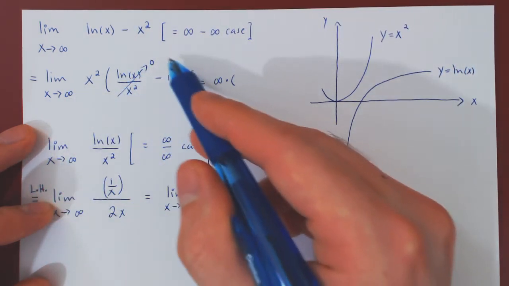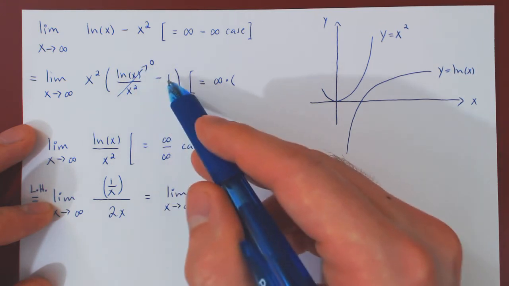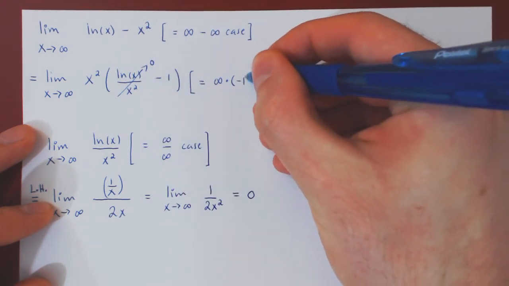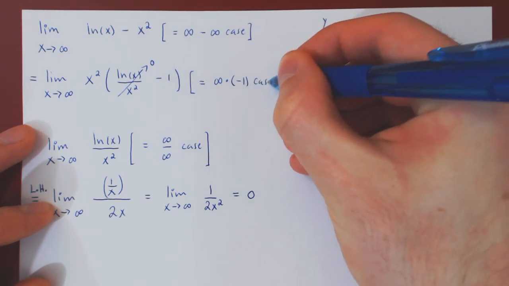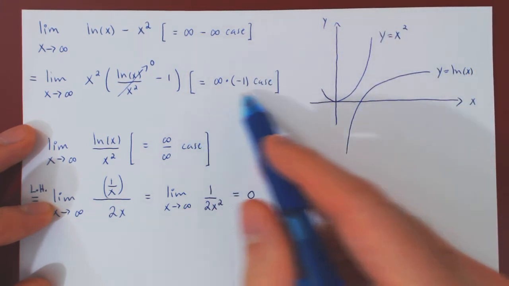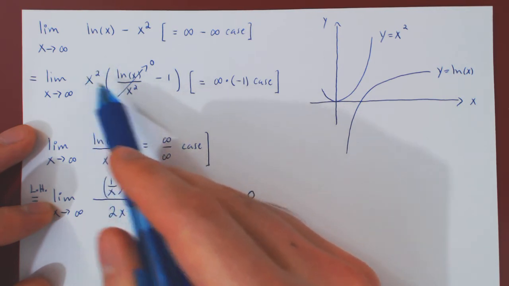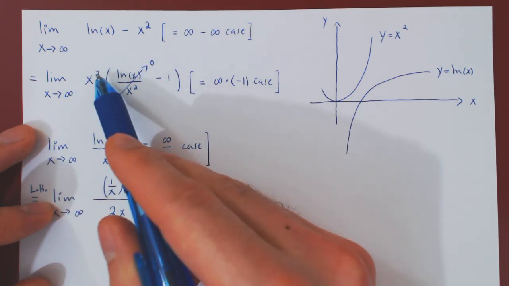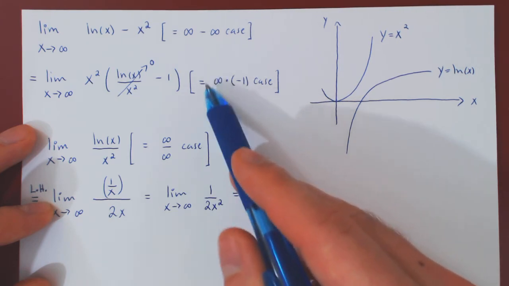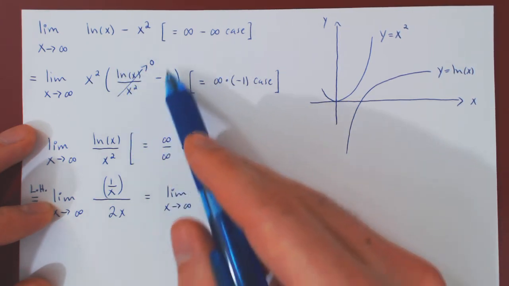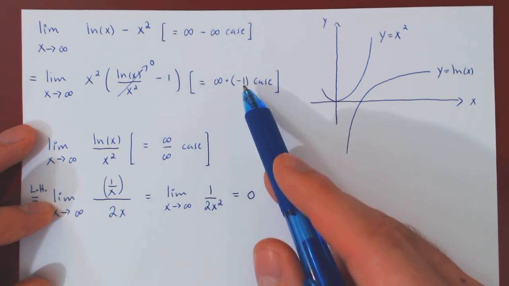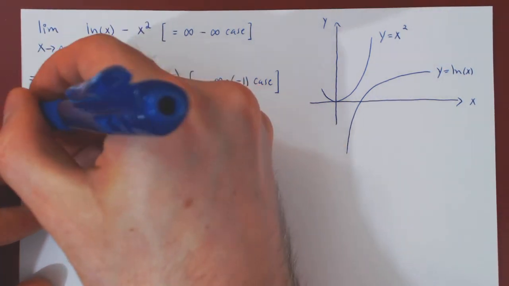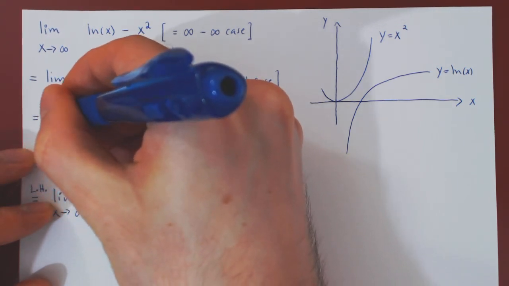So this term, since the first approaches 0, will be approaching 0 minus 1, which is negative 1. But now the limit is trivial. We have a product of two functions, and as x tends to infinity, the first function gets bigger and bigger and positive. The second function is approaching negative 1. So in the end, the limit is negative infinity.